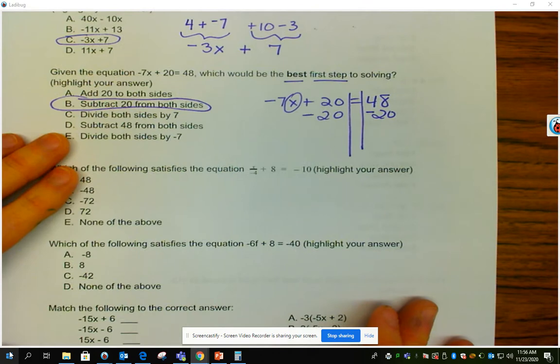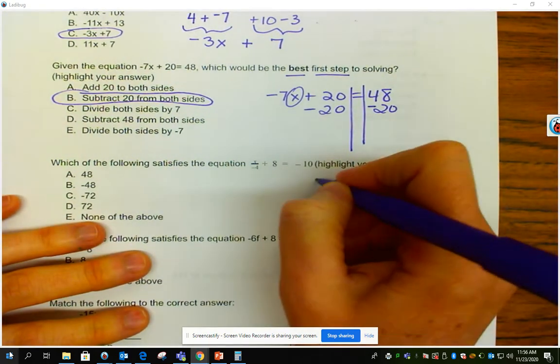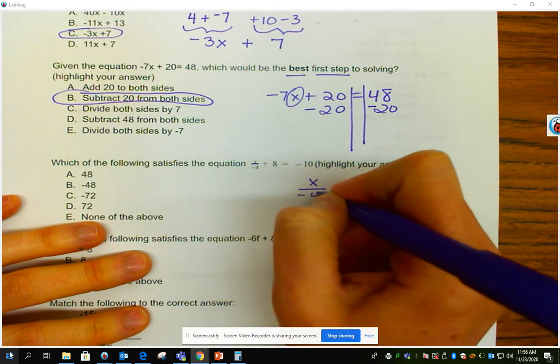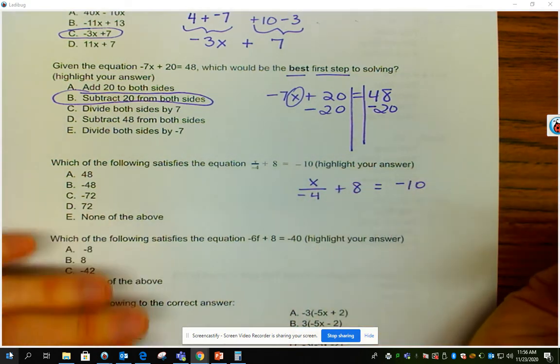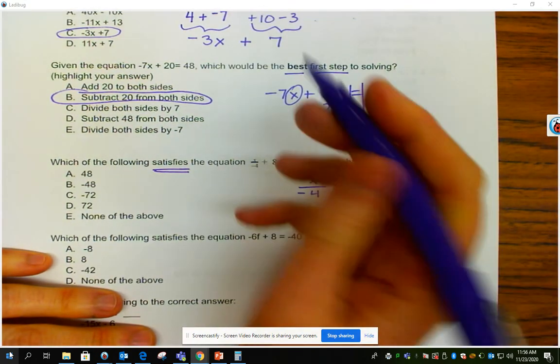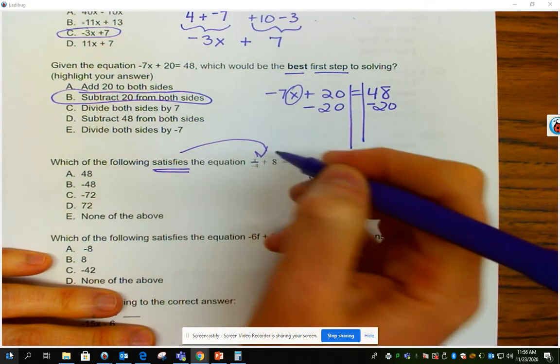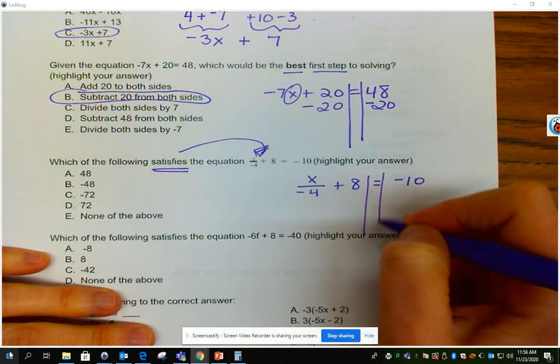Which of the following satisfies the equation x divided by negative 4 plus 8 equals negative 10? When it says satisfies, we want to know what would go in for x. What does x equal? So we're going to just solve for x.